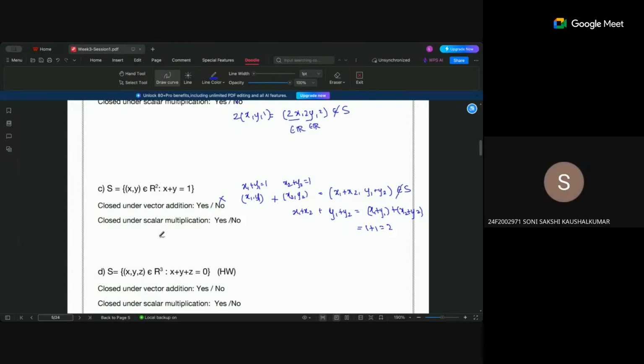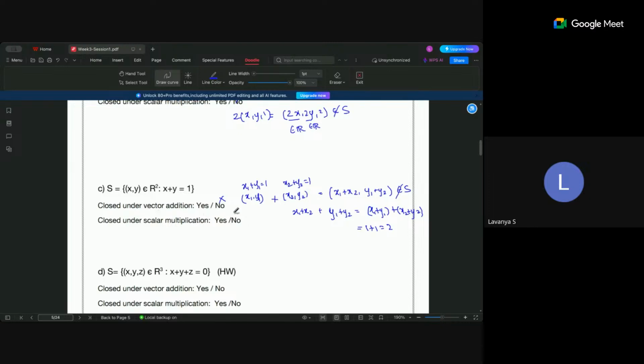Can we check by putting the values of y1 and y2 as 1 minus x1 and 1 minus x2? See, if it satisfies for one example, that does not prove it holds. But if it does not satisfy for one case, then you can say that it is not closed under addition.